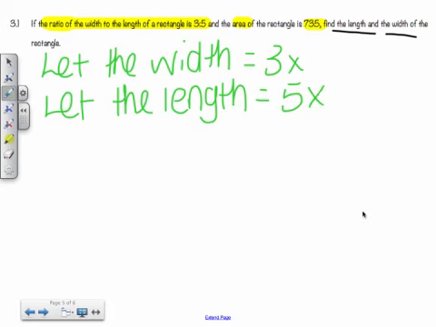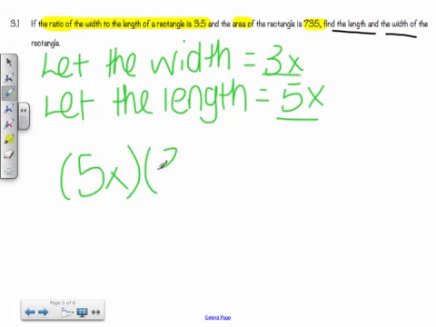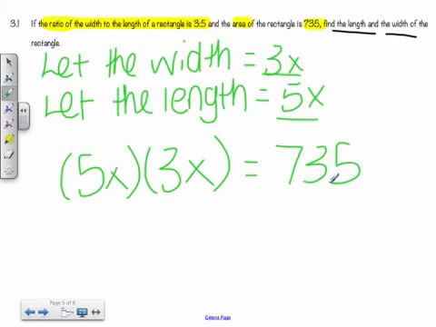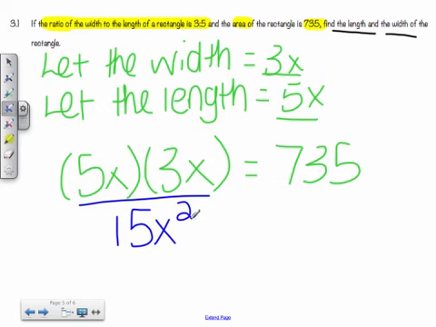Now remember, the area of a rectangle is the length multiplied by the width, so I'm going to take the length, which is 5x, and multiply it by the width, which is 3x, and that's going to equal the area, which I know, which is 735. So now all I have to do is multiply my two numbers together, which gives me 15x squared, do not forget the squared, equals 735.